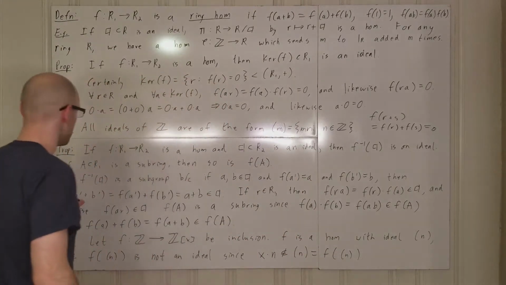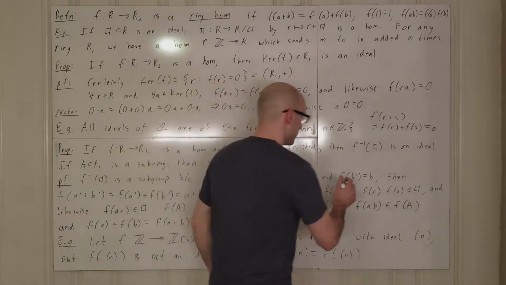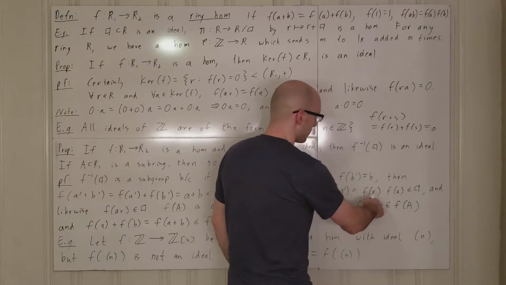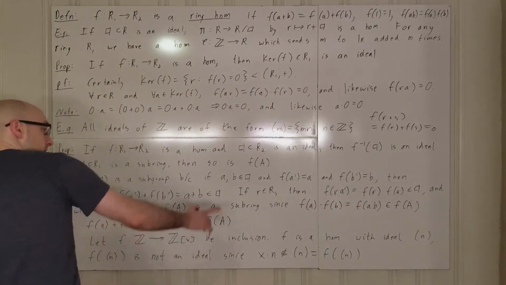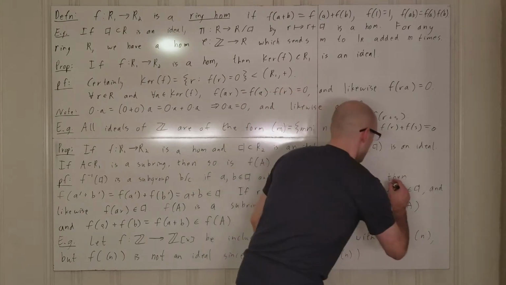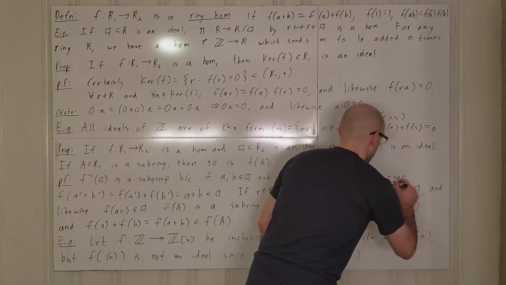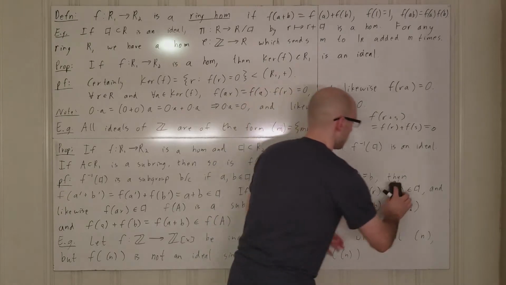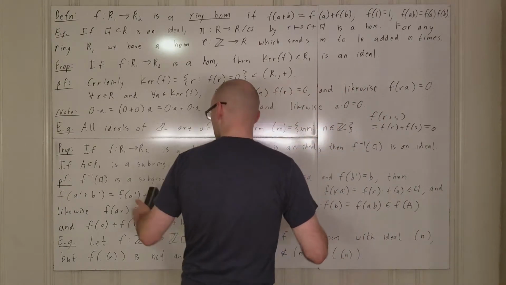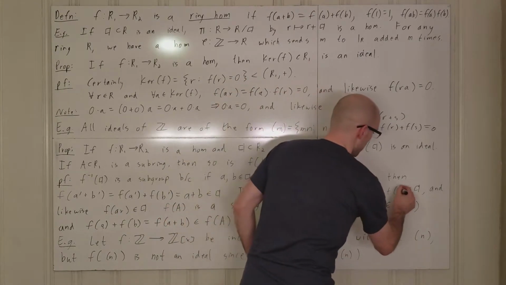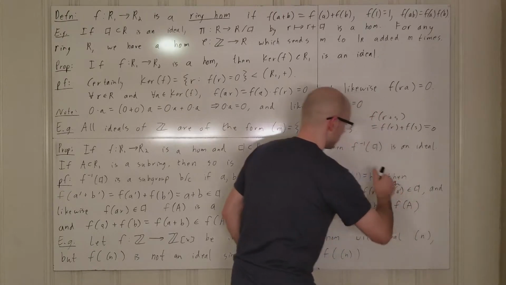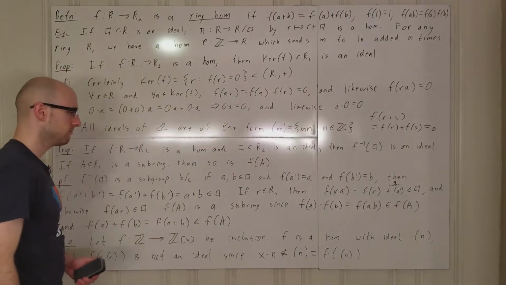A prime is in R1, so F of R times A prime will be F of R times F of A prime, but this F of A prime is A. That's a horrible way to write it, but I'll keep it.